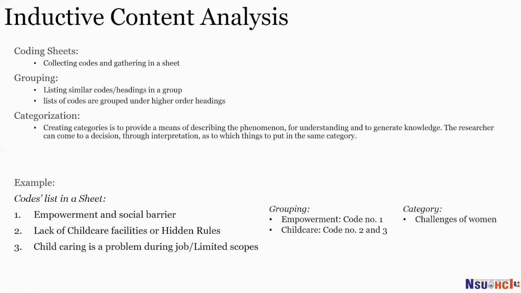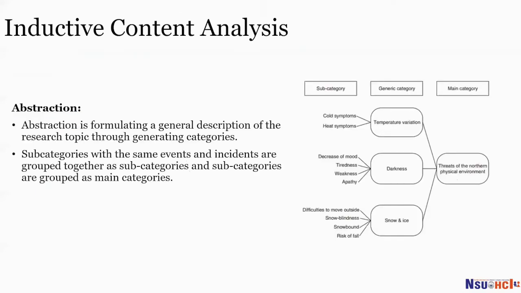But this is not the end. There is abstraction, because abstraction is the abstract of all your codes. This figure shows how we deal with many categories. It is not necessary that you only have 10 to 15 codes.